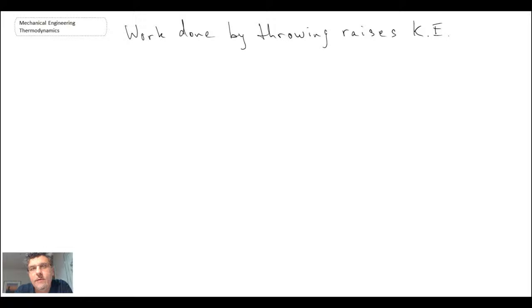So the work done by throwing the ball raises the kinetic energy. With that, why does the baseball slow down after we've thrown it?